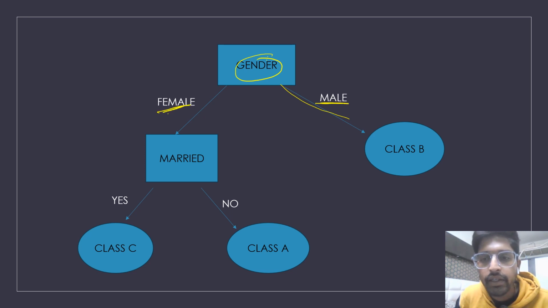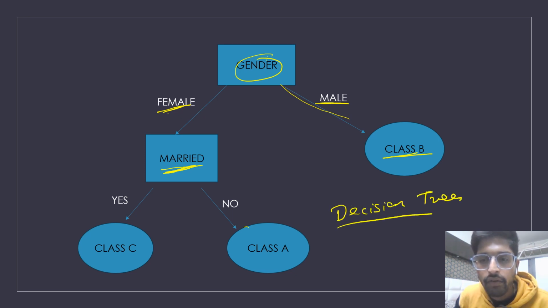We have also discussed that class B has all the males, so class B goes into the male category. In the female branch, the second node is the married node. In the married node, the answers are yes and no, and class C goes in the yes branch and class A goes in the no branch. This is the decision tree for the given data.